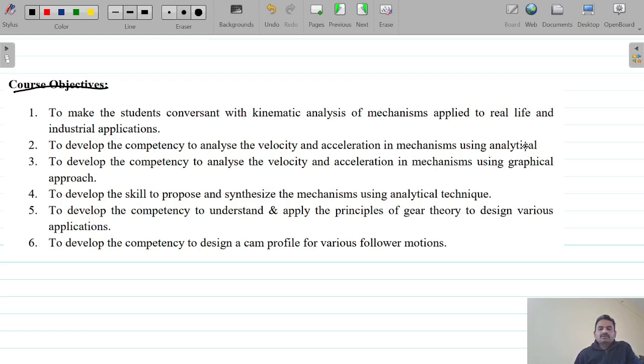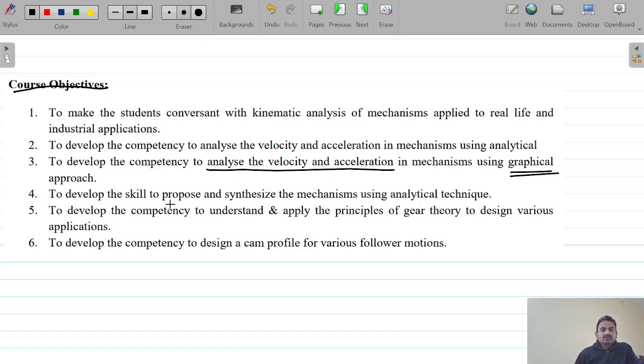That means we have to use the equations for the slider crank mechanism and other types of mechanisms. In the third case, we again do the analysis of velocity and acceleration, but using the graphical method. That means we have to go for the graphical approach, where we draw the diagrams, velocity polygons and acceleration polygons. Then we can find out the velocity and acceleration by using those polygons multiplied by the scale.